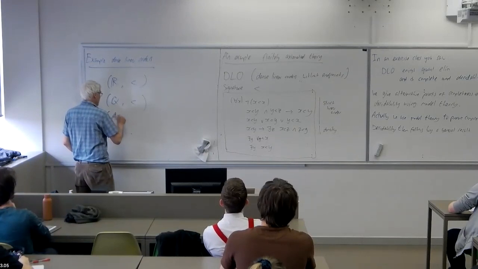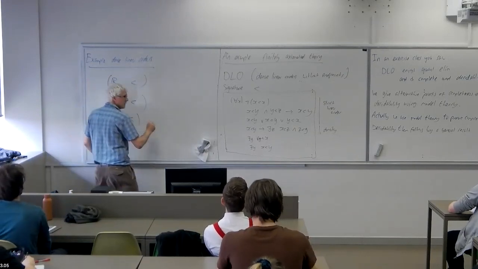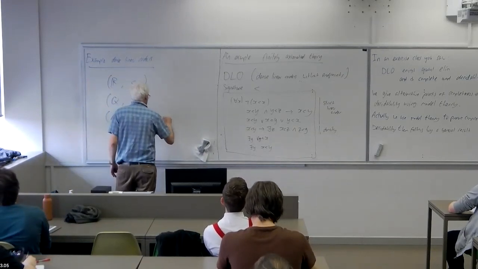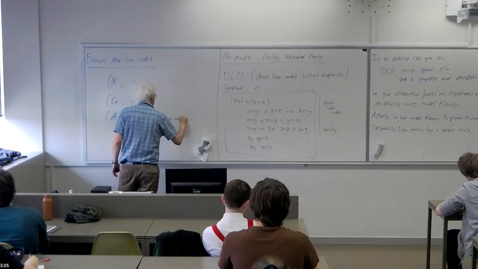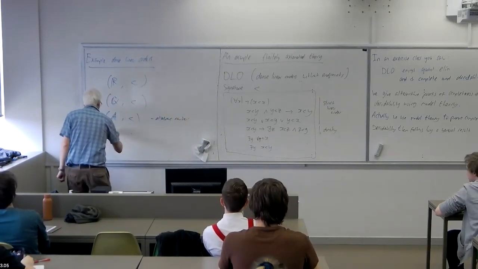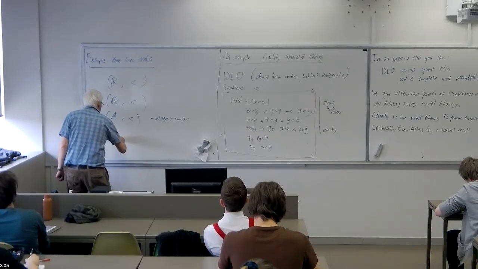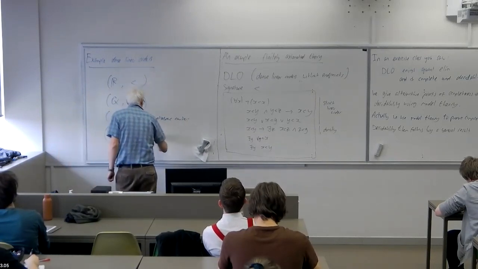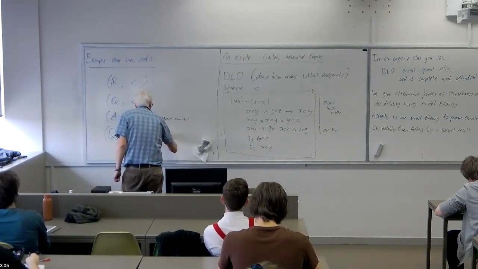We mentioned before the algebraic numbers. Let me just mention another. I like to write it Q sub D. This is the dyadic rationals.